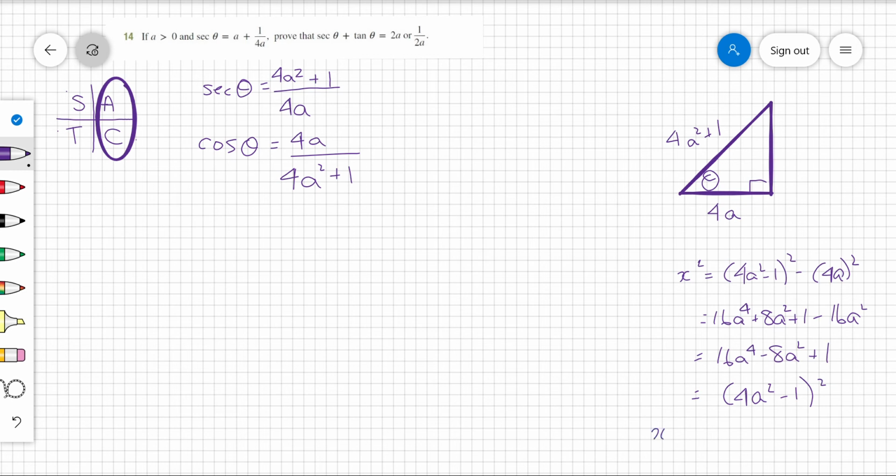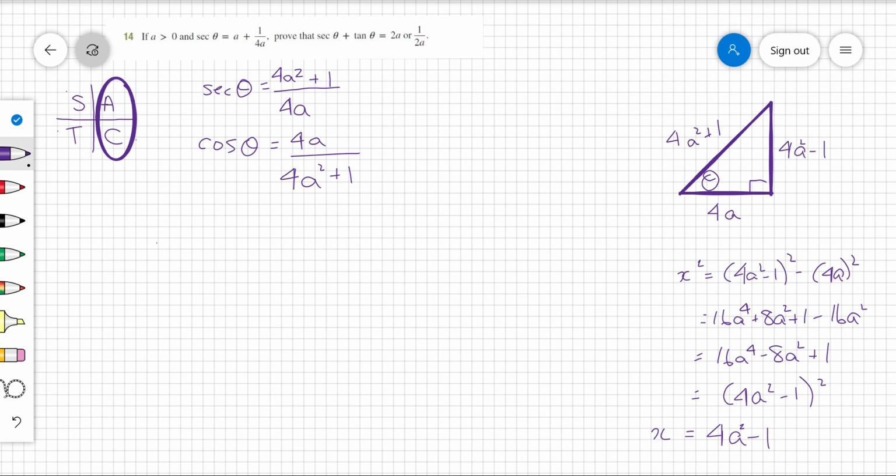Therefore our x here, we're talking about positive lengths, so if I just take the positive square root, that would be 4a squared minus 1. All right, using that now, so my question was sec theta plus tan theta.